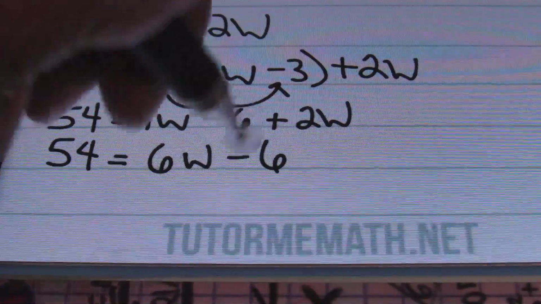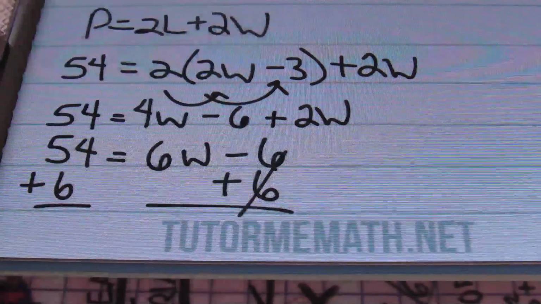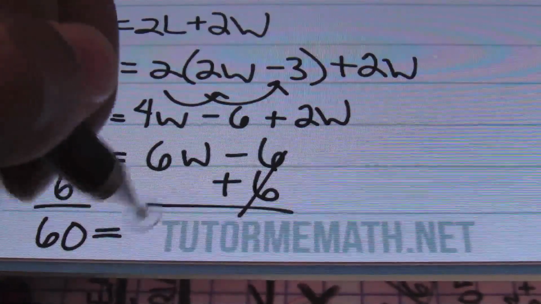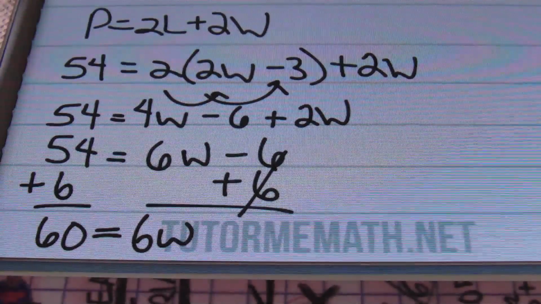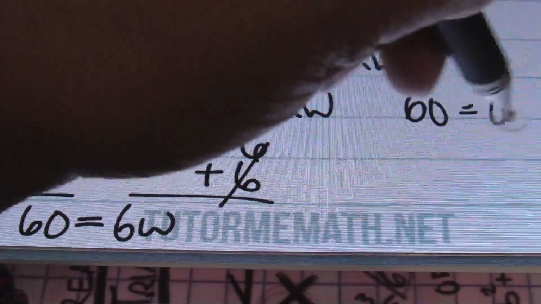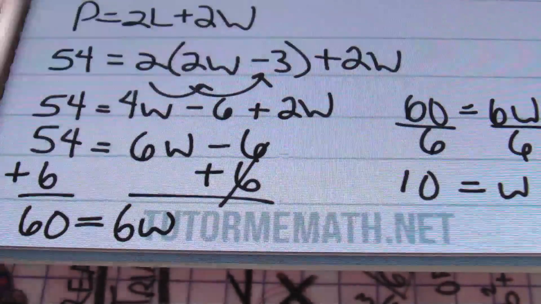From there, I'll be adding 6 to both sides, and you'll end up with 60, which equals 6W. Now all I have to do is take my 60, which equals 6W, and divide both sides by 6, and I know that the width is 10.